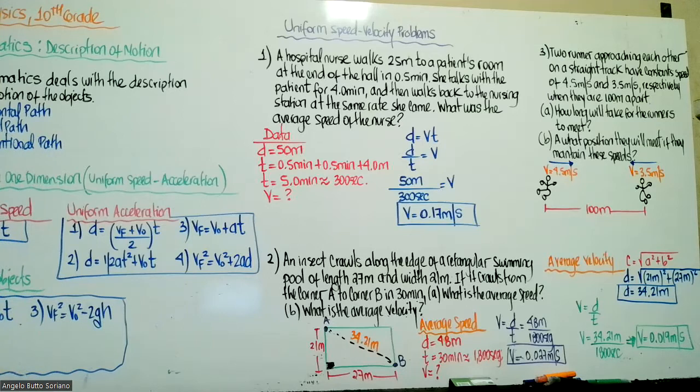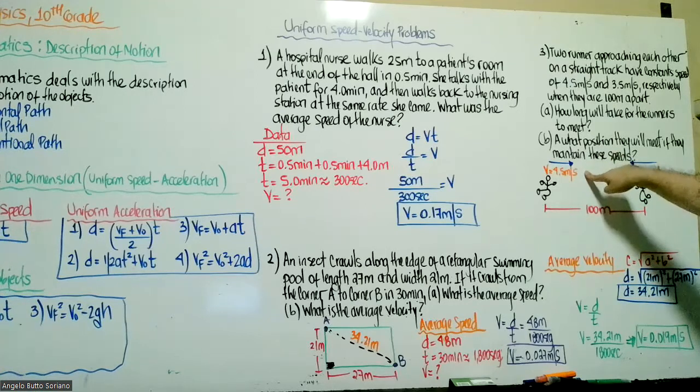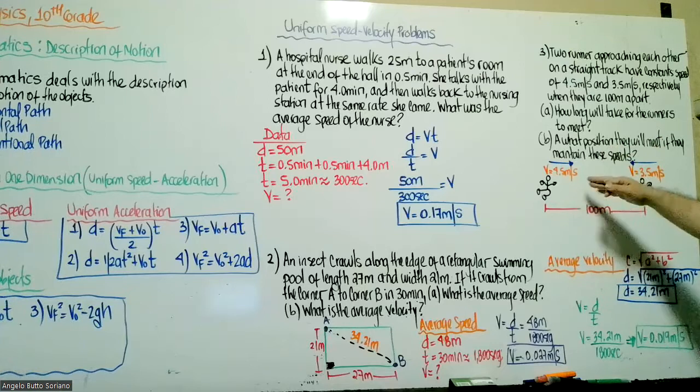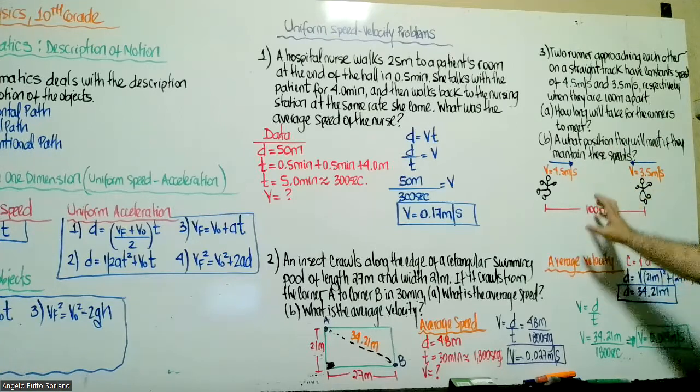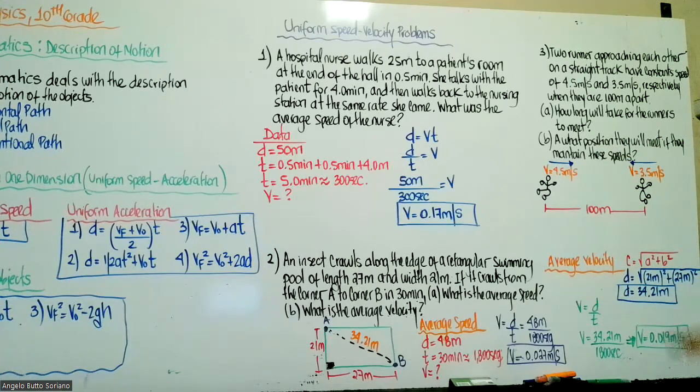It's a little bit complicated. Because we have greater speed, we're going to cover greater distance, however in a smaller period of time. On the other hand, the slower one covers a shorter distance than the first one, but in a little bit greater period of time.